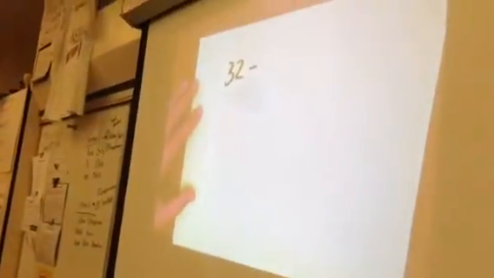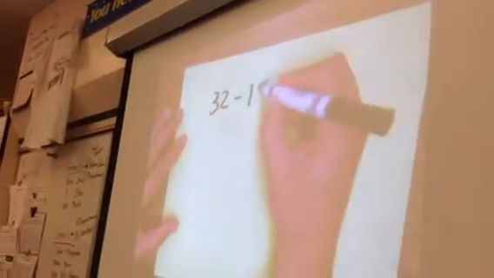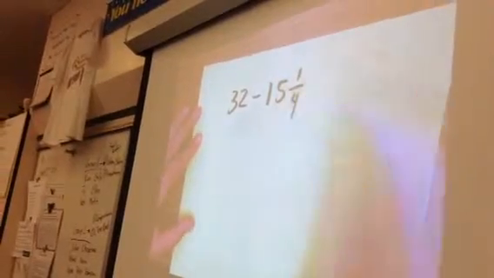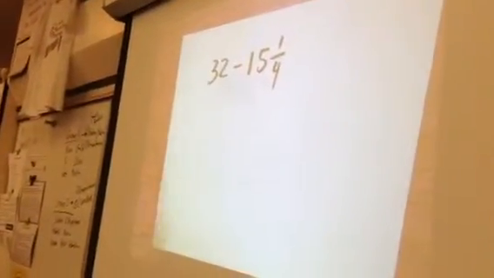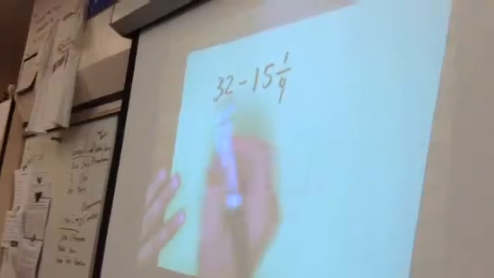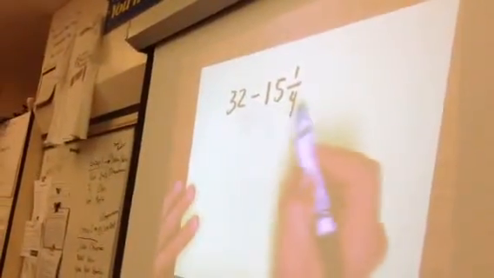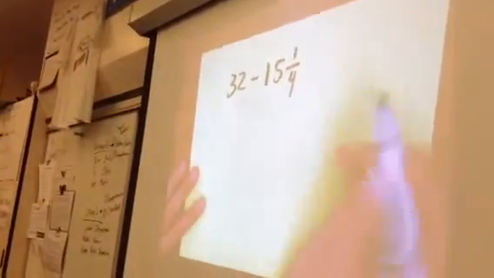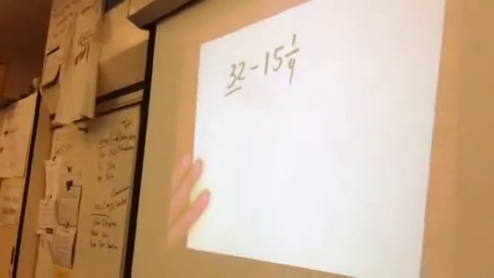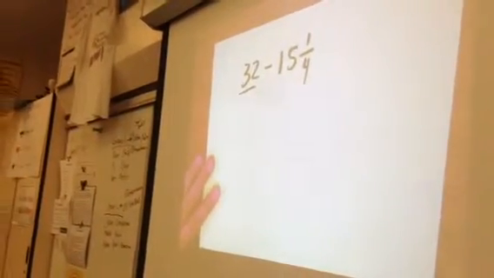So I'm going to go ahead and flip over my paper. I'm going to start off at 32, and I'm going to subtract 15 1/4. The first thing that I notice when I'm trying to subtract is that I have a whole number here and I have a mixed number over here. That's not going to work, so I'm going to change my whole number of 32 into a mixed number.